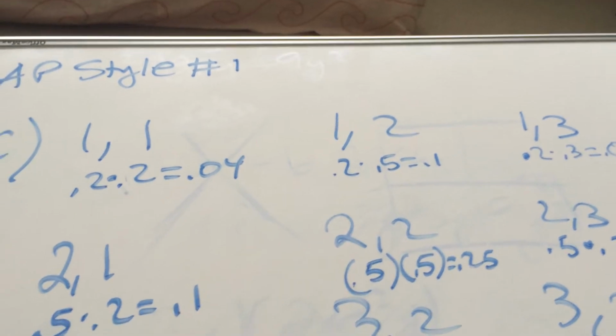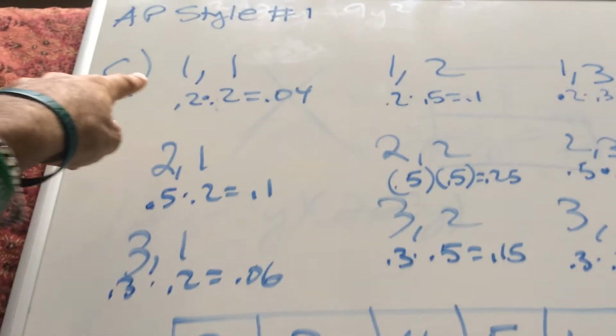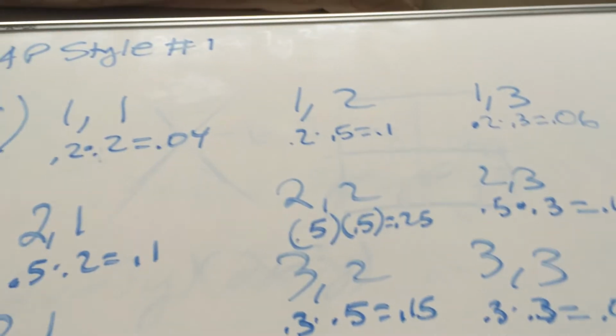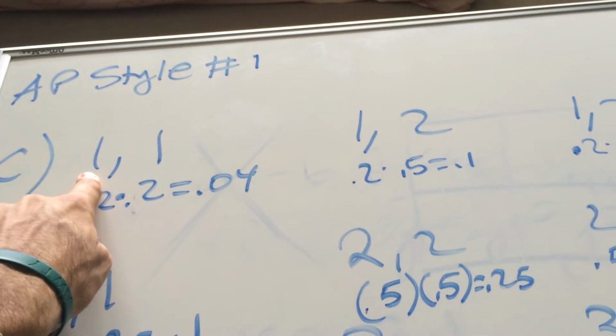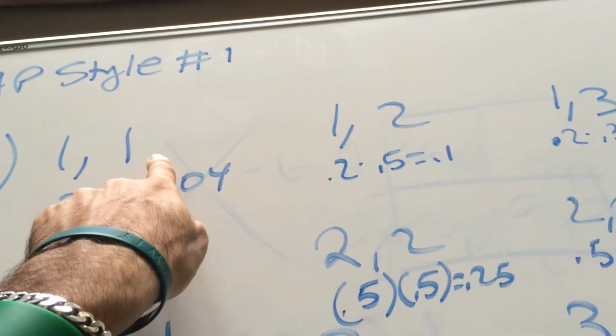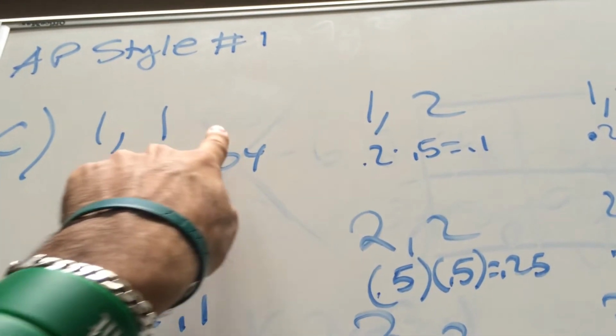Now I can calculate the probability of each of these 9 possible trials happening. What is the probability I draw a 1 the first time and I draw a 1 the second time?